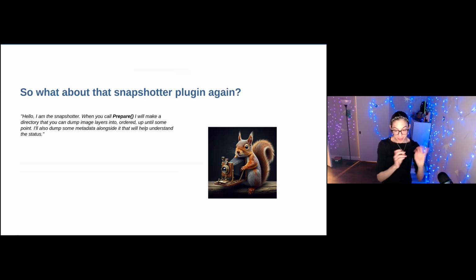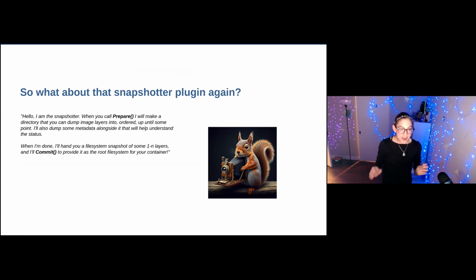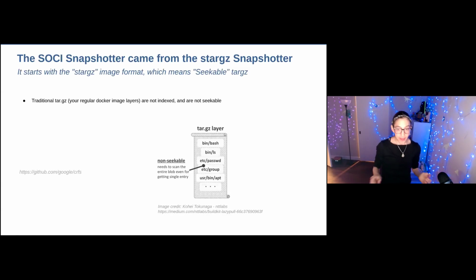Maybe I'll have an original set that I dump. I'm also going to have some metadata to help me along the way. And when I get to some point when I think it's good enough to represent a file system of some number of layers, I am going to commit and I'm going to provide it to you, this lovely layer cake, as a root file system for your containers.